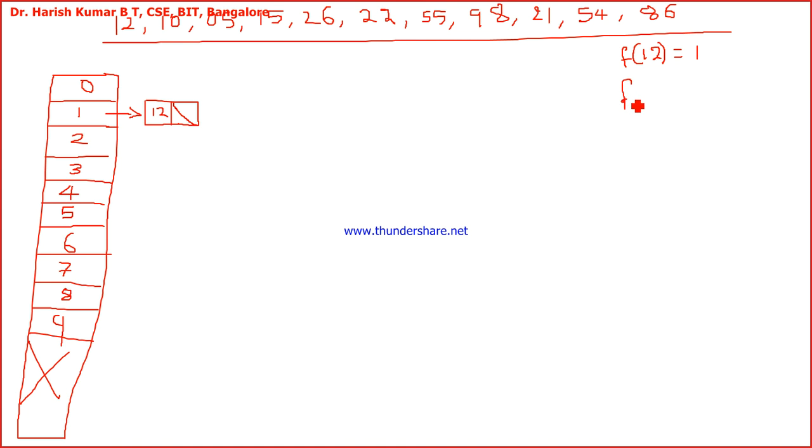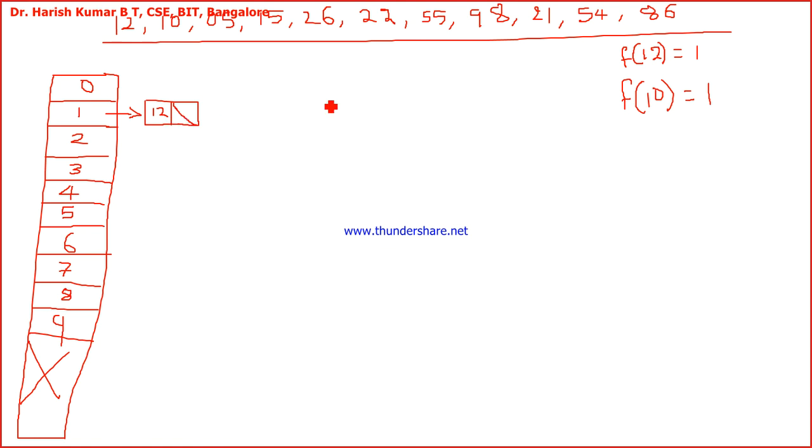Next, second element we take f of 10. So what I'm getting is 1 again. Now this also should go into the linked list with the key value 1. But we have already one element attached here. Now I have to compare this new element 10 with this. So 10 is less than this, so I have to perform the insert front operation. In case the new element is bigger than the element which is already existing here, I have to perform the rear insertion.